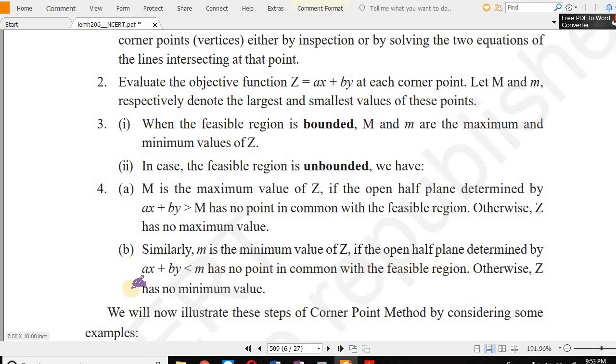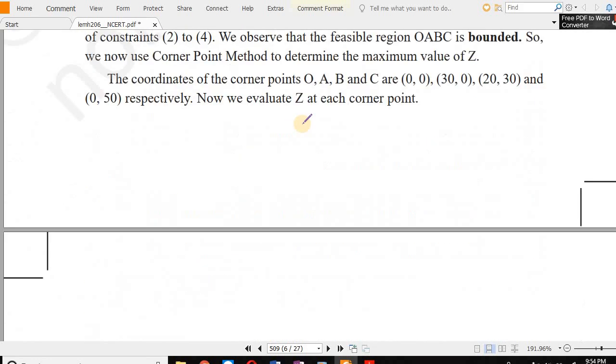Now here we're getting back to what I was talking about, that the objective function represents a family of parallel lines. In fact, this condition expresses the fact that ax plus by equals m is the very last of this family of lines that intersects the feasible region. Let's see how that works out in this particular case.